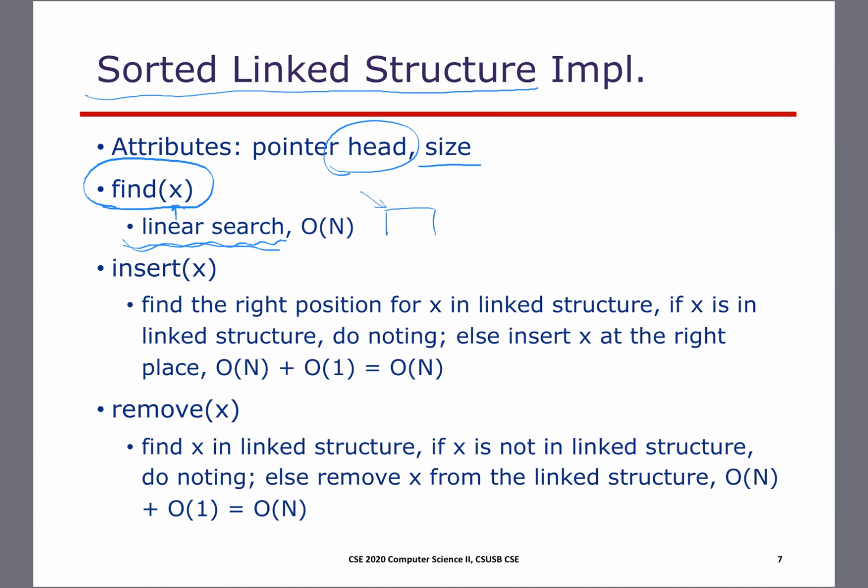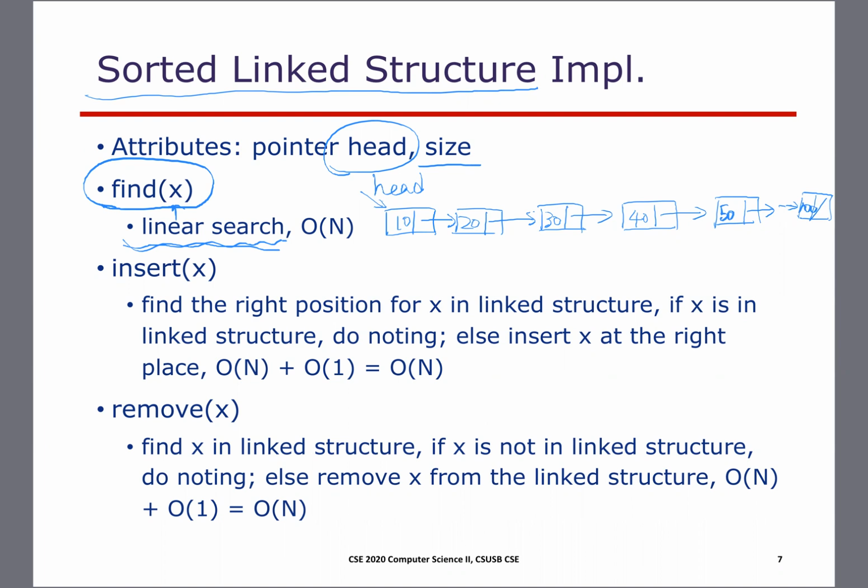For example, we have the head pointing to the front node, and then we have the next nodes, connected by pointers. Okay, this is the last one. We have 10, 20, 30, 40, 50, and the last one is 100.